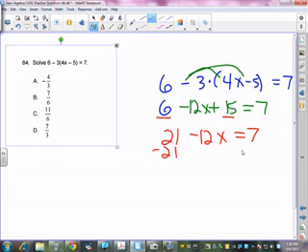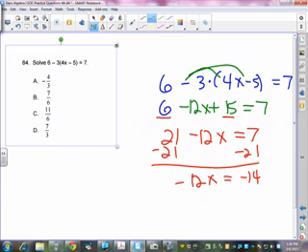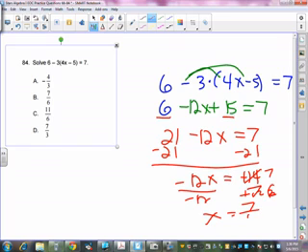We subtract 21. Negative 12x equal to negative 14, divided by negative 12. We have a negative divided by negative. That's going to be a positive. 2 will go into 14 7 times. 2 will go into 12 6 times. So we're going to get positive 7/6, or B.